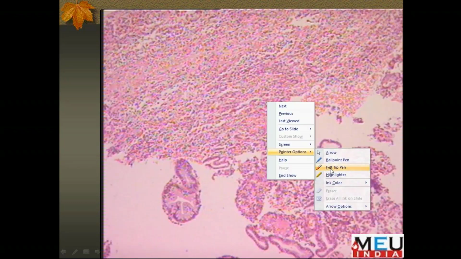It is lined with stratified squamous epithelium, and underneath it is the lamina propria, and these contain numerous transverse folds, the rugae.